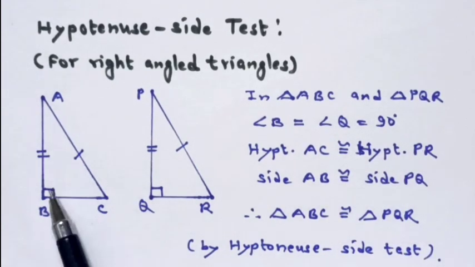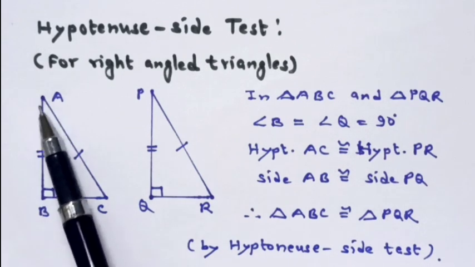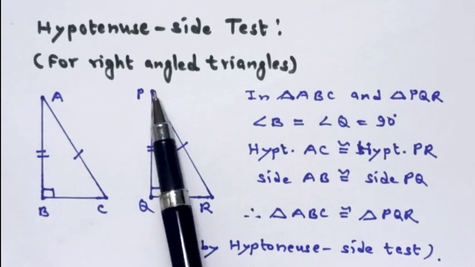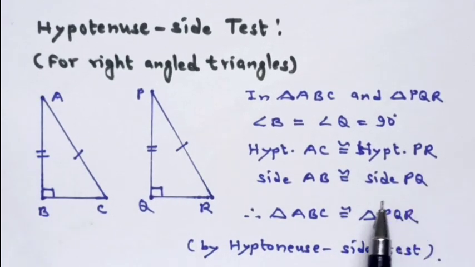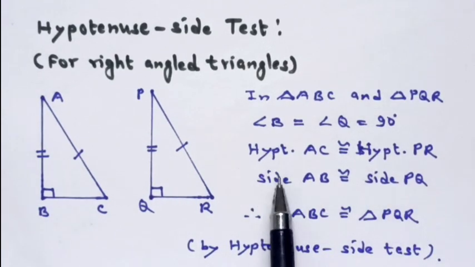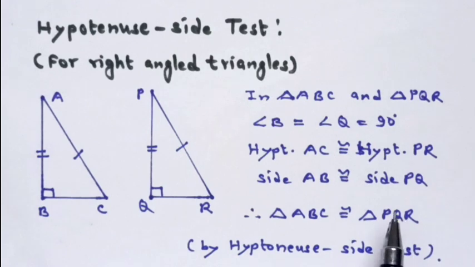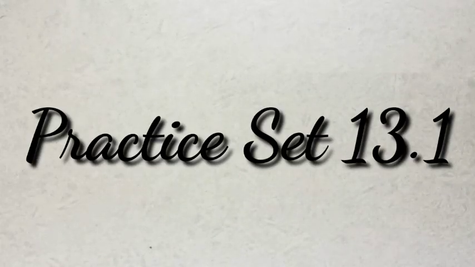And there are two other sides; any one side, side AB, is congruent to side PQ. These two things are given to you. So by the hypotenuse side test, triangle ABC is congruent to triangle PQR. I hope you understood these tests.